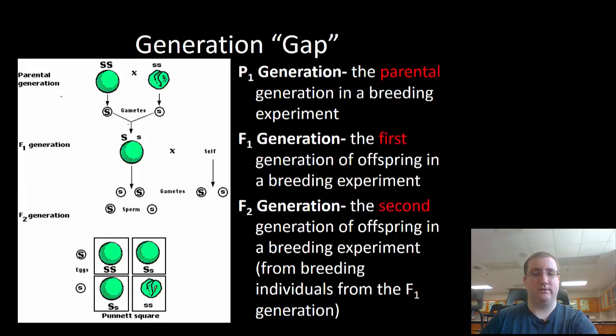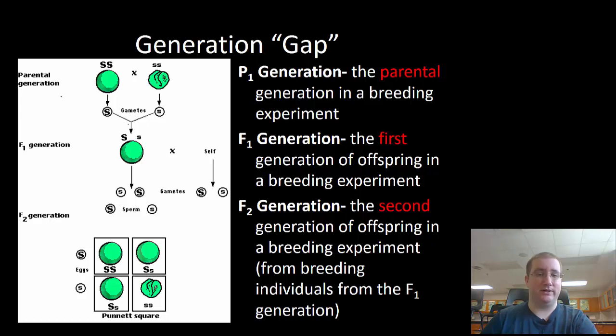And when we're talking about crosses, we have to label the different generations when we're talking about mating and forcing organisms to have intercourse, basically. So the first generation is known as the P1 generation because that's the parental generation. When you breed the P1 generation, you end up with the first filial generation, which we call the F1. So the F1 is the kids, the offspring of the P1 generation.